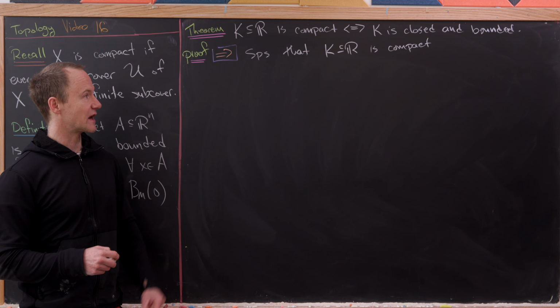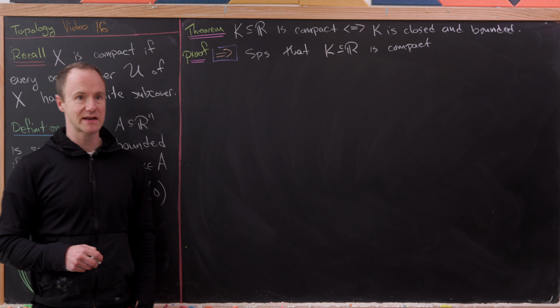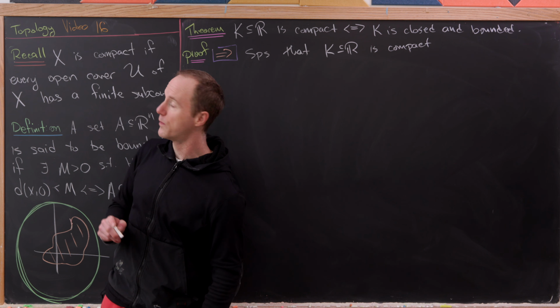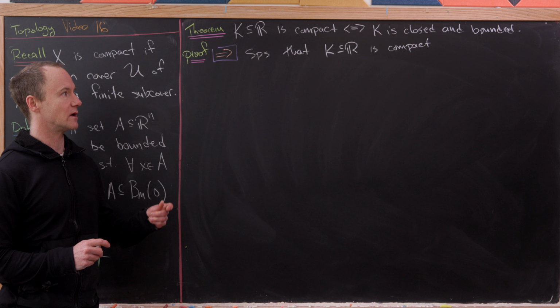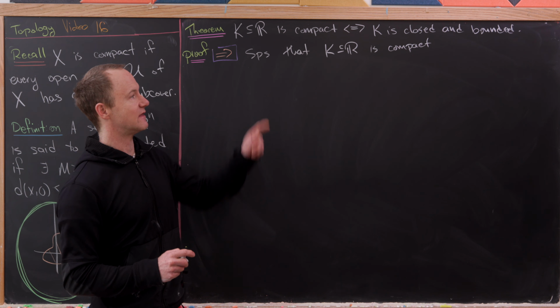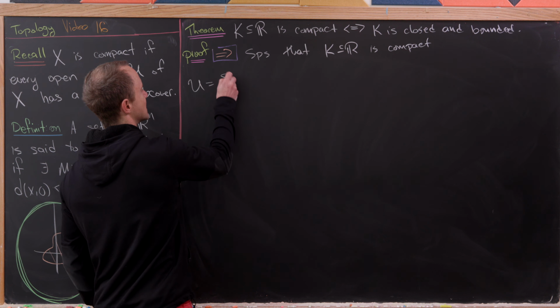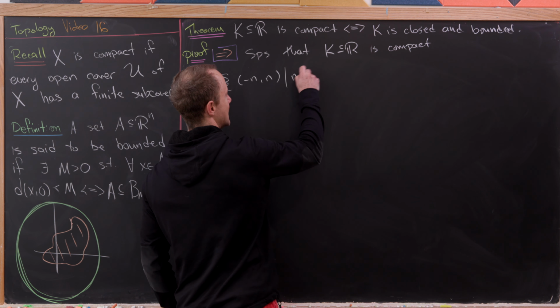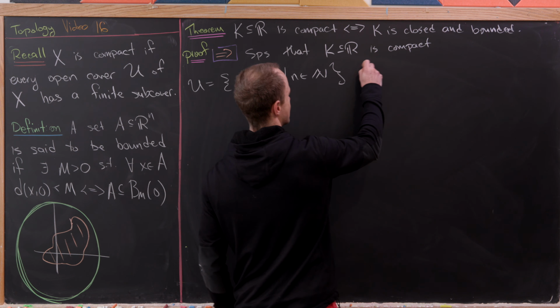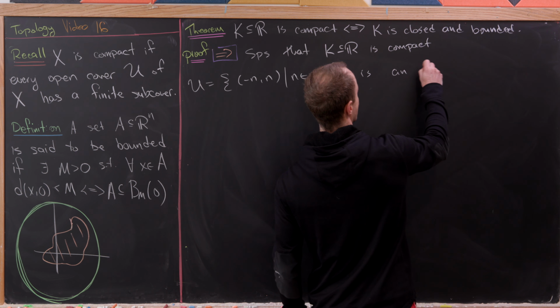Okay, so anyway, we've got a compact set in the real line, and now compactness means that every open cover has a finite subcover. So let's take an open cover that will lead us to see that this thing is bounded. Let's notice that U, which is going to be the set of all open intervals of the form minus n to n, as n runs through all natural numbers, is most definitely an open cover.